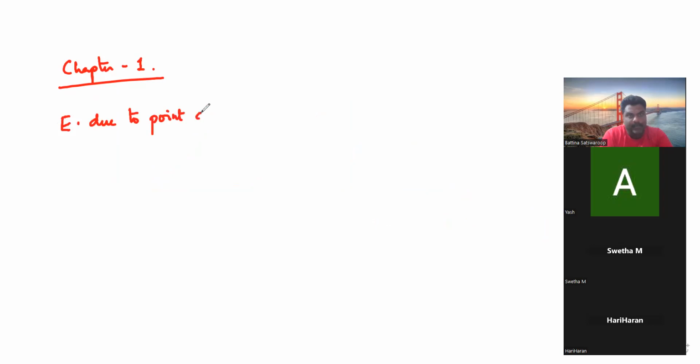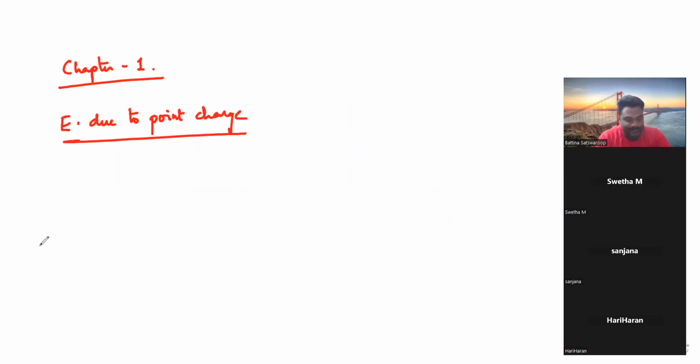What is this, Amma? E due to point charge. What is E? Electric field. Very nice. So how is this related to point charge?